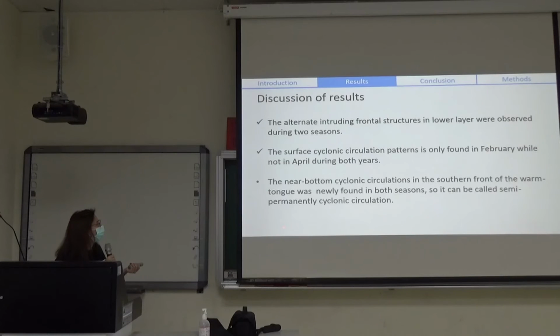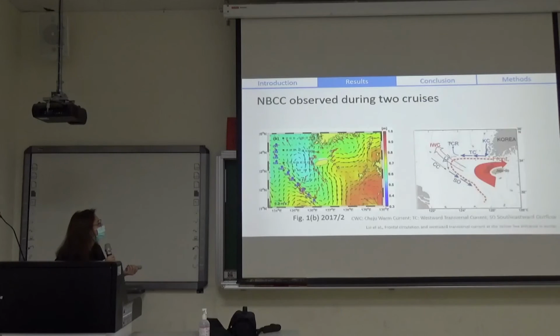So we have left the near-bottom cyclonic circulation. Here, this figure is the map of the surface geostrophic currents, and the red arrow is the in situ data.